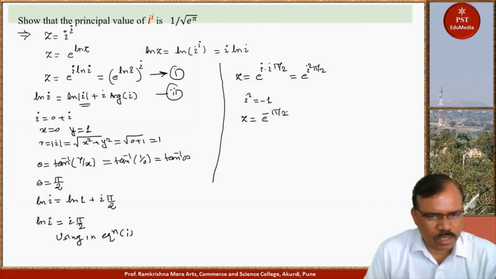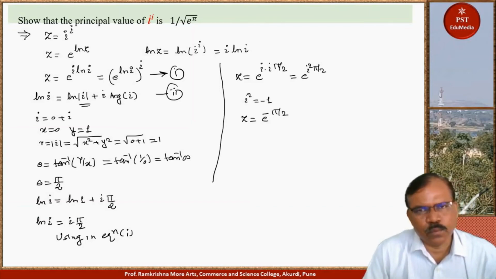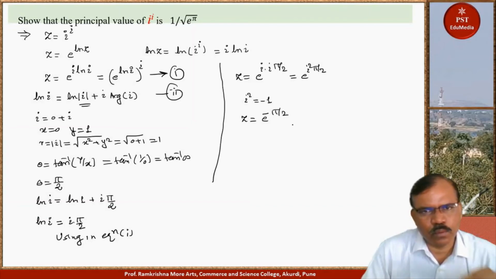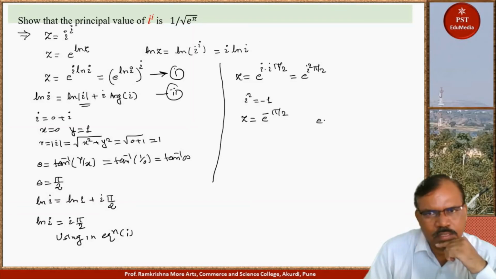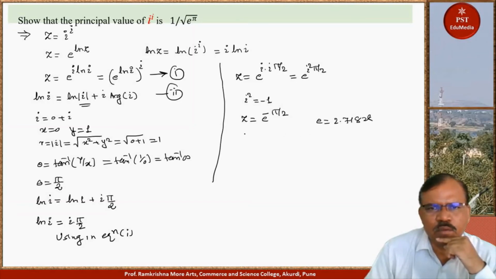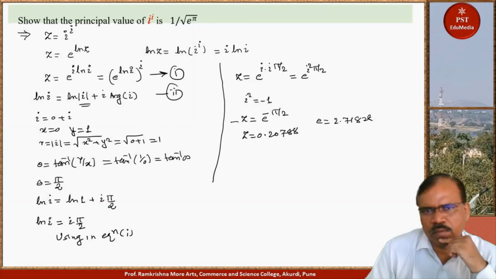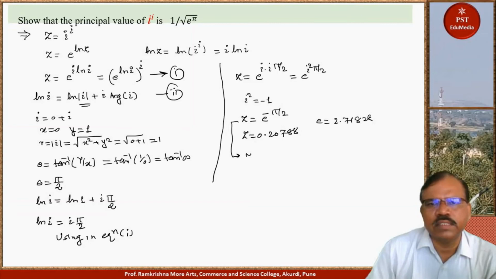And we know e is equal to 2.71828. So if we find the value here, we'll get Z is equal to 0.20788. Now let us take this one. Z is equal to, we can write 1 upon e raised to pi by 2.